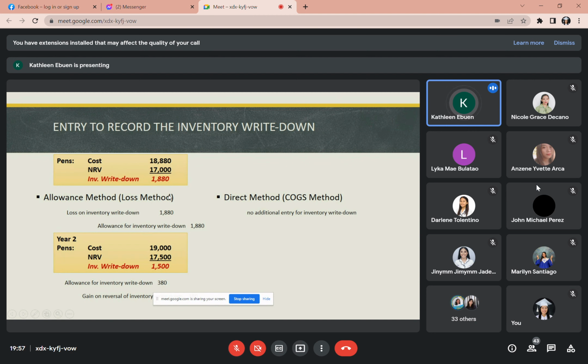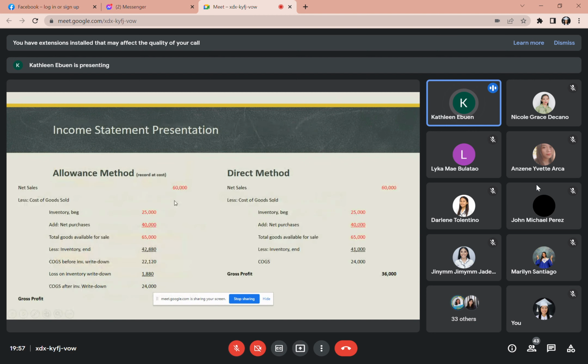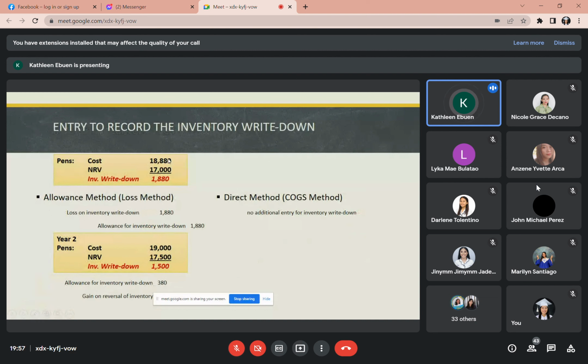Unlike sa allowance method, pag magre-record siya ng inventory, i-record niya ito at cost na 18,880, therefore nagkakaroon tayo ng additional entry na allowance for inventory write-down. So direct method, diretso niya pong i-record at net realizable value na 17,000. So hindi na tayo magre-record for inventory write-down.